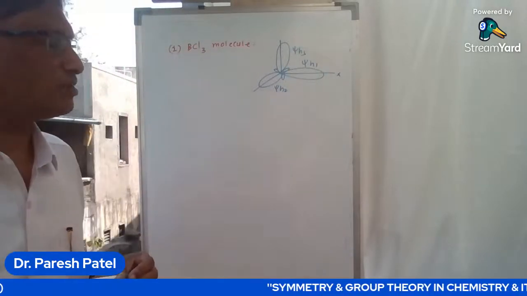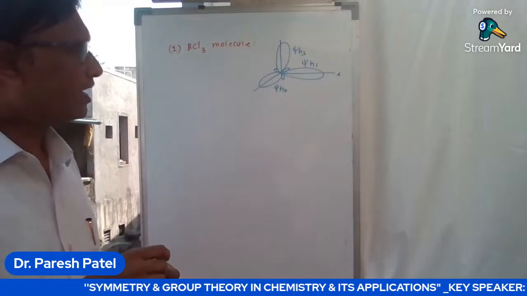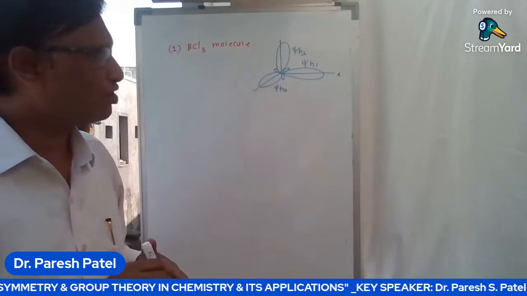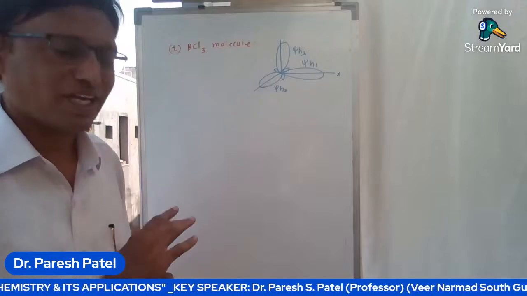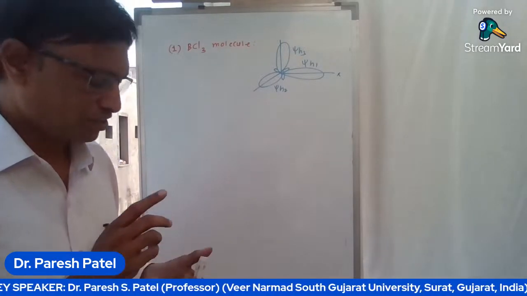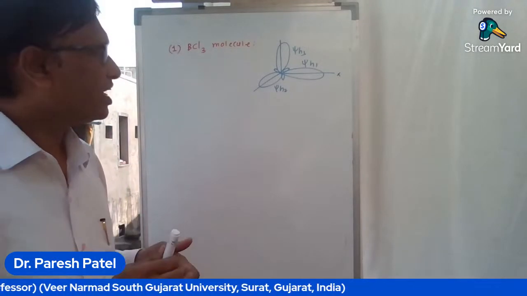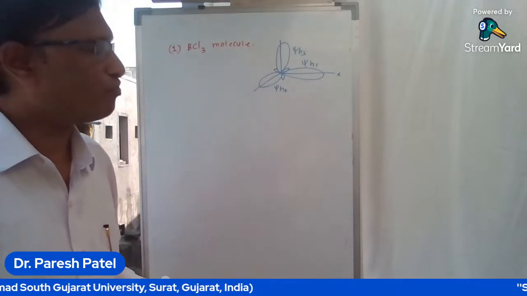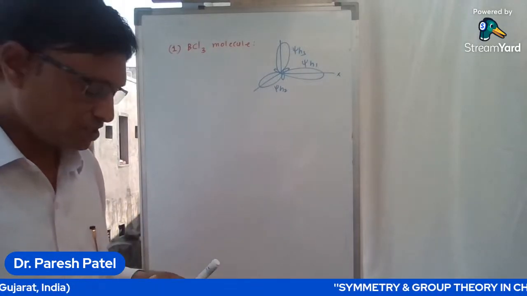Now we know that the BCl3 molecule is a planar molecule, and we can consider it as three hybrid wave functions, psi h1, psi h2, and psi h3. Now consider those hybrid wave functions in the form of vectors v1, v2, and v3. Now operate different symmetry operations of the BCl3 molecule on the vectors and find out the changes.